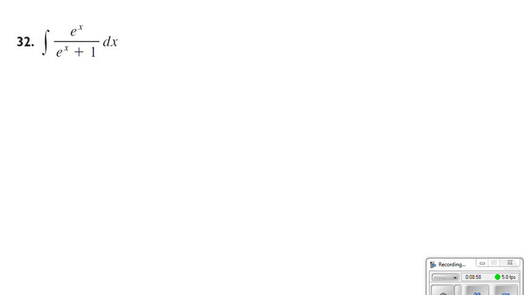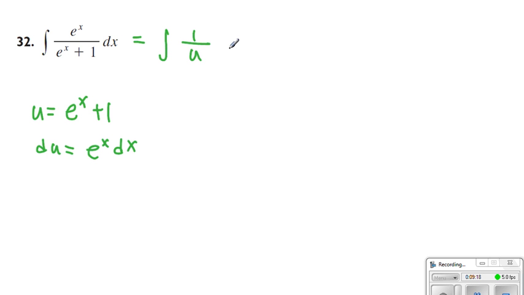Number 32. Yes, we can set u as the bottom, e to the x plus 1. Then du becomes simply e to the x dx. And that's exactly what we have here. So this becomes 1 over u du.